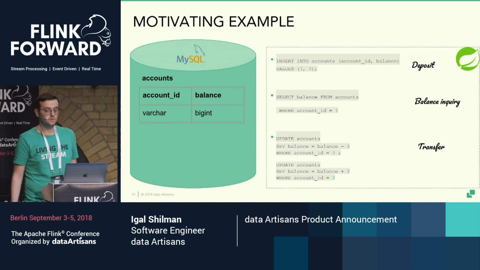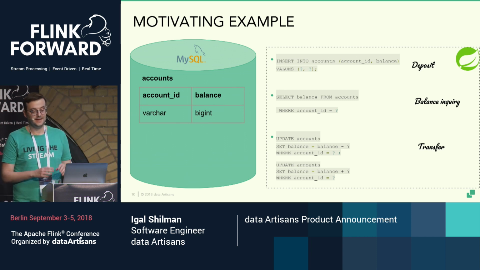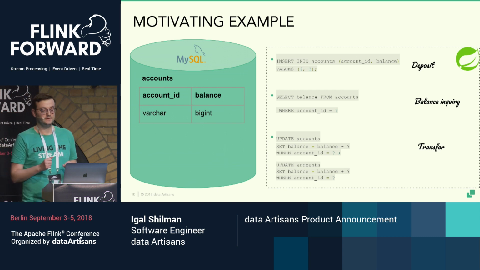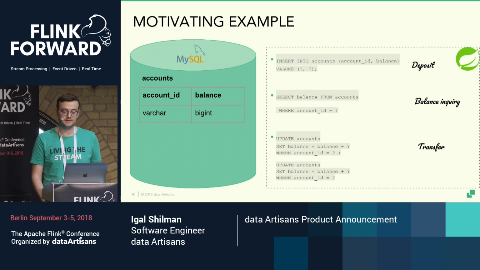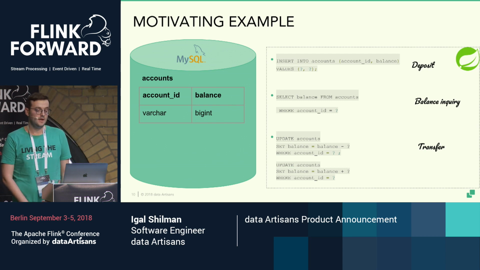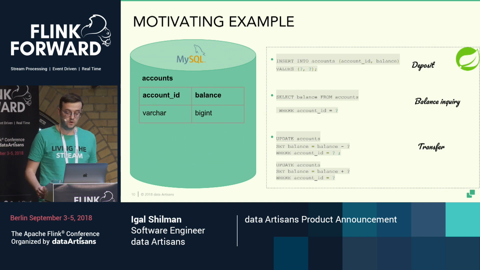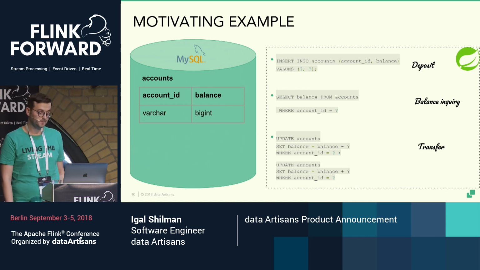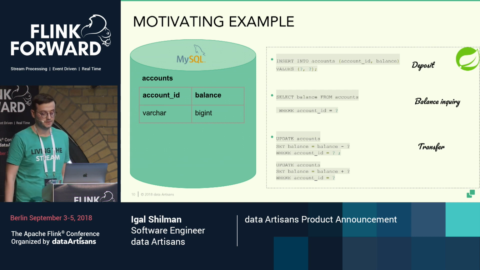For the balance inquiry, I will have a simple select. And for the transfer, I will have a slightly more complicated update statement where I'm withdrawing balance from one account and depositing it to another account. And of course, this is a concurrent service, so we'll also have to rely here on database transactions.